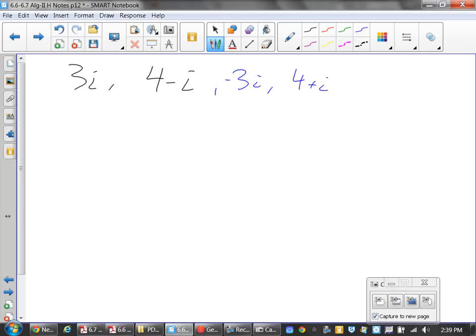The plus or minus 3i, you should be able to come up with that in your head. What's the term? Good. You have x squared plus 9. The other one, remember what we just did. We had the 4 and the i.